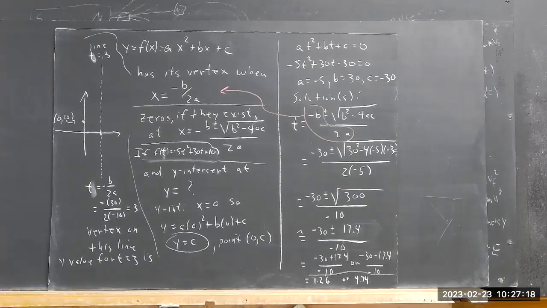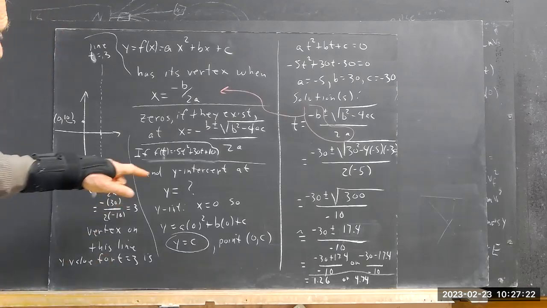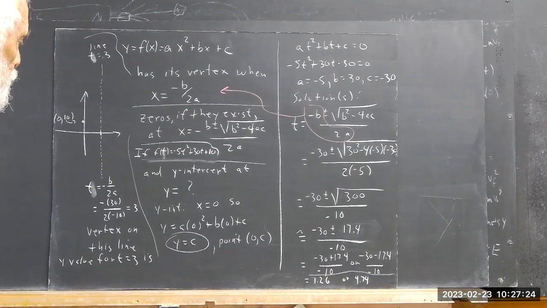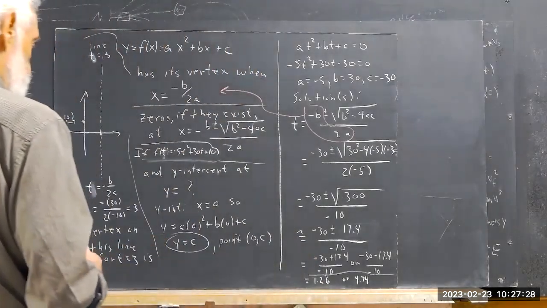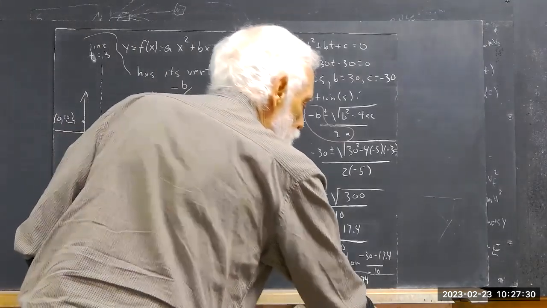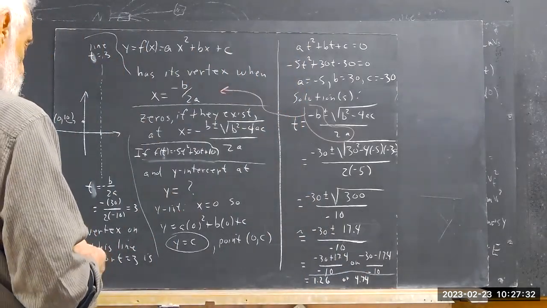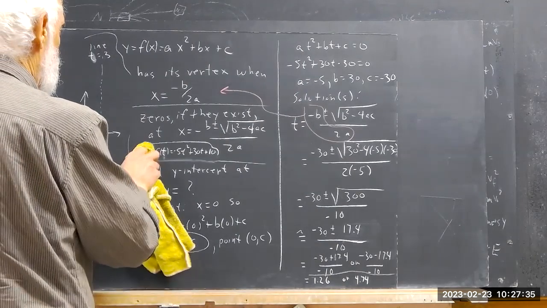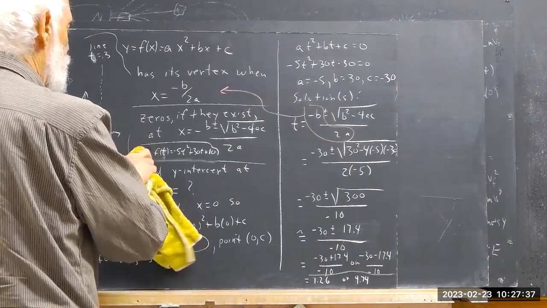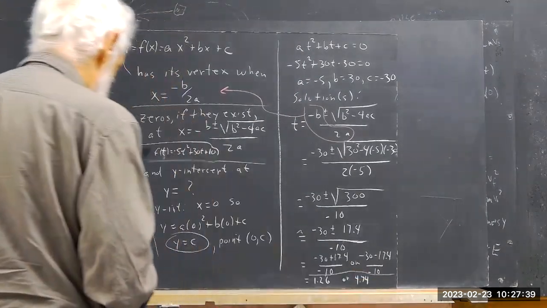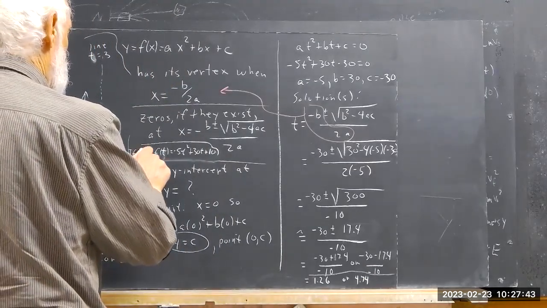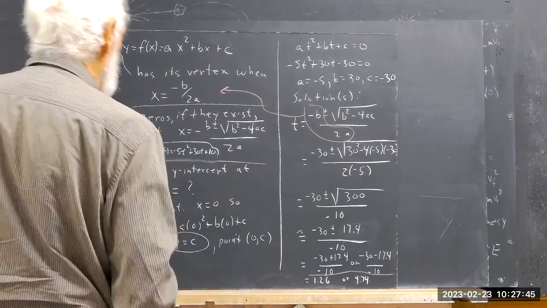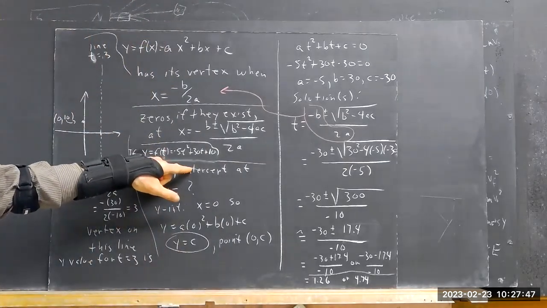Okay, well, not everybody's understanding what the y value for t equals 3 ought to be, but remember that I tell you to write things out clearly and completely. It would have been helpful if I'd written out y equals f of t equals this.